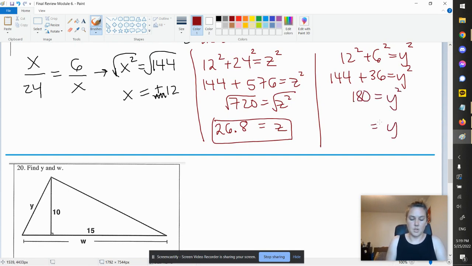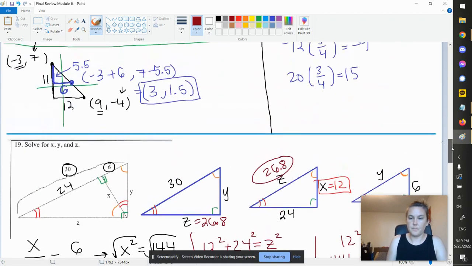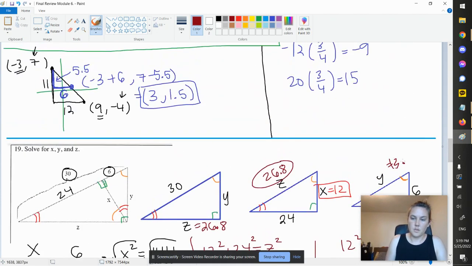And then y is the square root of 180. Honestly, you could leave it as the square root of 180, but a lot of y'all like decimals. So here we are. 13.4. Perfect.